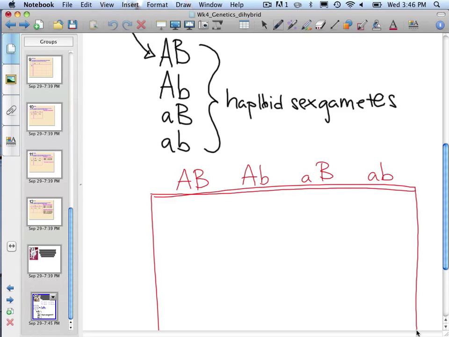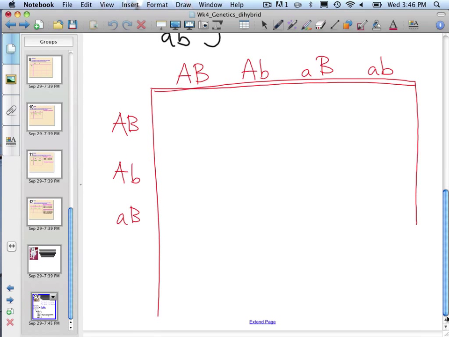And then I need to do the exact same thing on this side here. So a big A, big B, big A, little b, little a, big B, and then on down to little a, little b. And I need to just set up the rest of my Punnett square by making my lines across here.